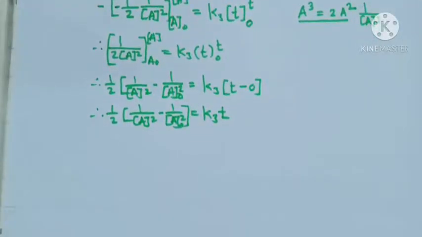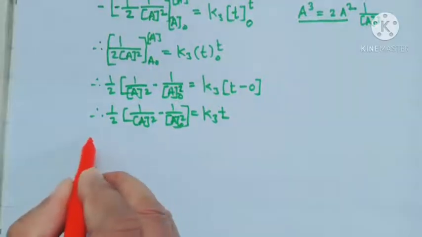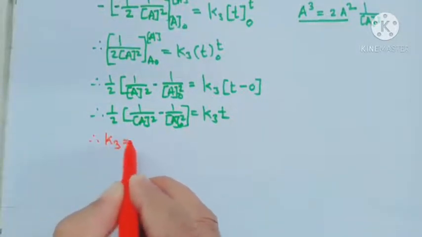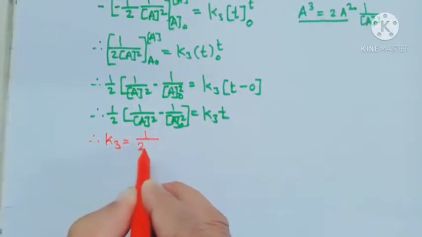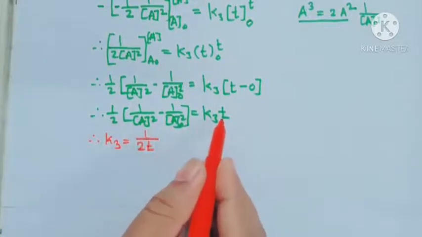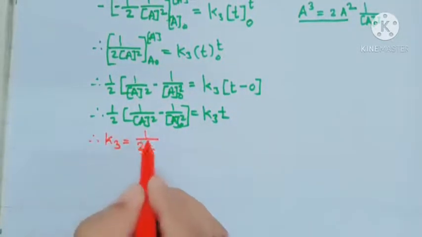Okay, so we want k3, therefore k3 is equal to 1 upon twice t. This t will be taken on the left hand side. It is here a multiplied term, so it will be divided by 2.